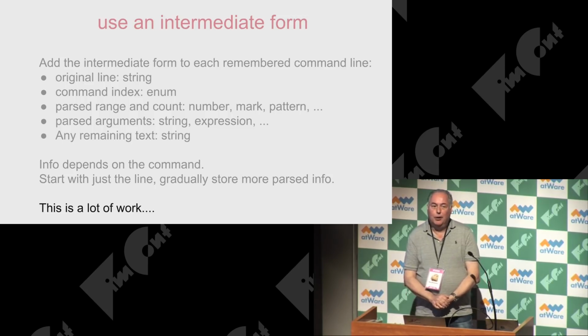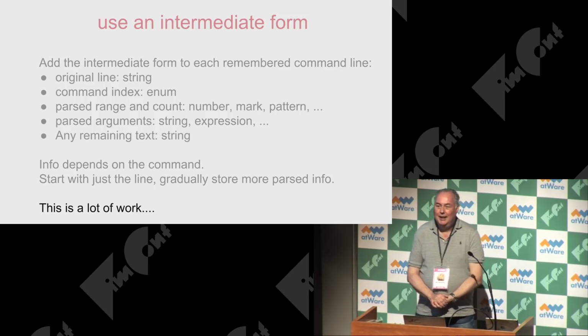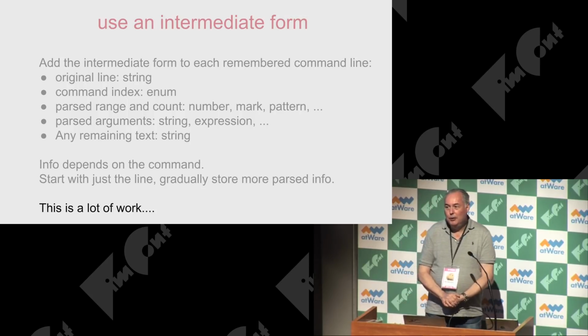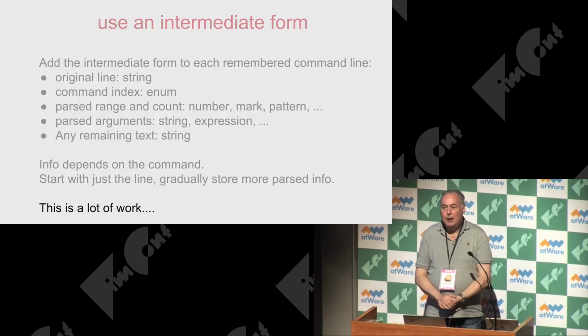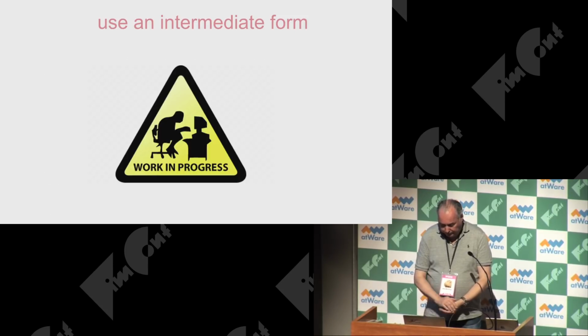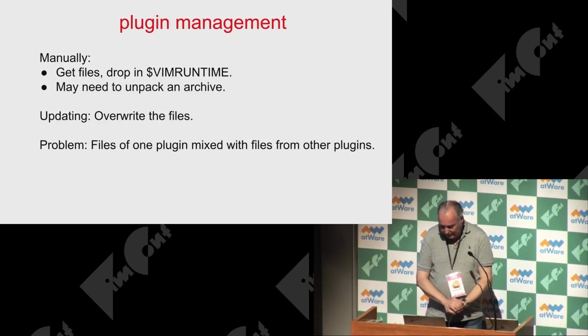That's going to be a lot of work. I do think it will help. It will make executing scripts a lot faster, but at the same time, it will take a lot of time and effort to implement. But it's something that we could do. Okay, work in progress. All right.